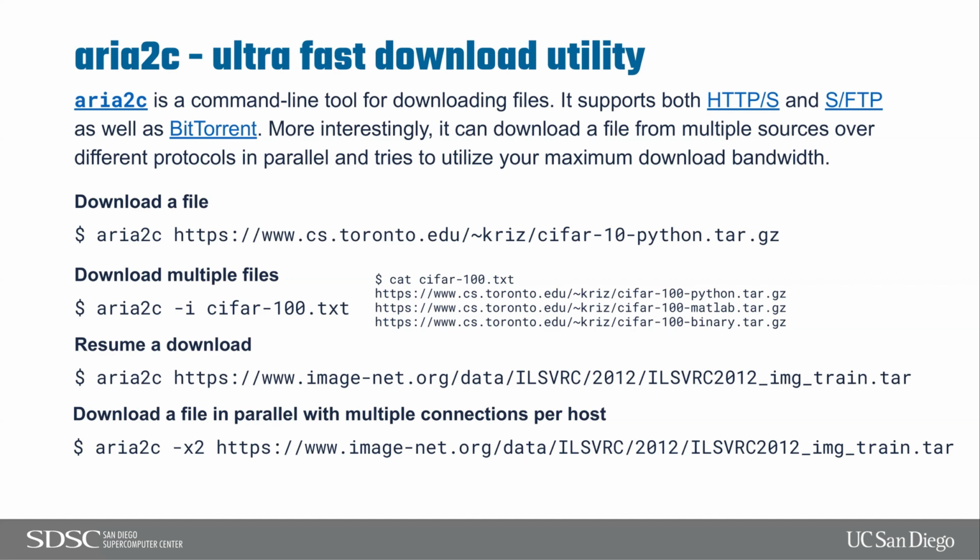If you know that the file you're trying to download is hosted across multiple servers, you can point the tool at all of the URLs for the same file, and it'll pull from multiple hosts. So not only can you use, say, a multi-core processor in your laptop with multiple network connections, you can also point it to multiple hosts out on the internet.